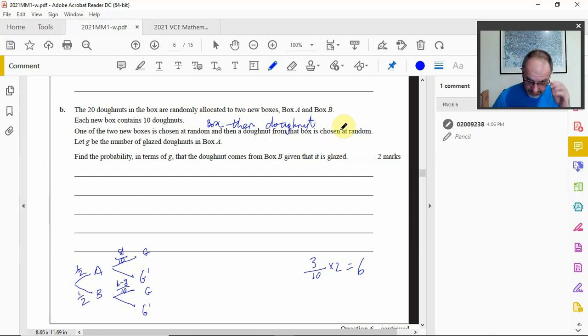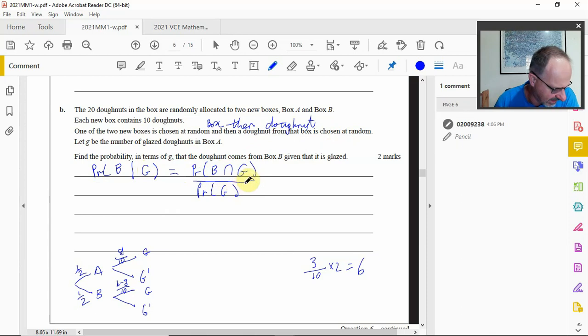Find the probability that our donut is from box B, given that it's glazed. So let's think about what that means. This is a conditional probability. So we're looking at the probability of the intersection between B and glazed over the probability of being glazed.